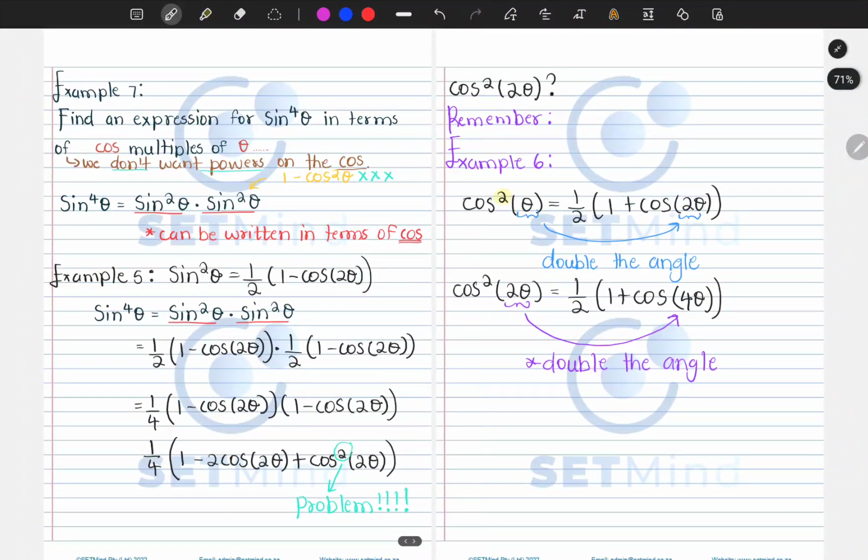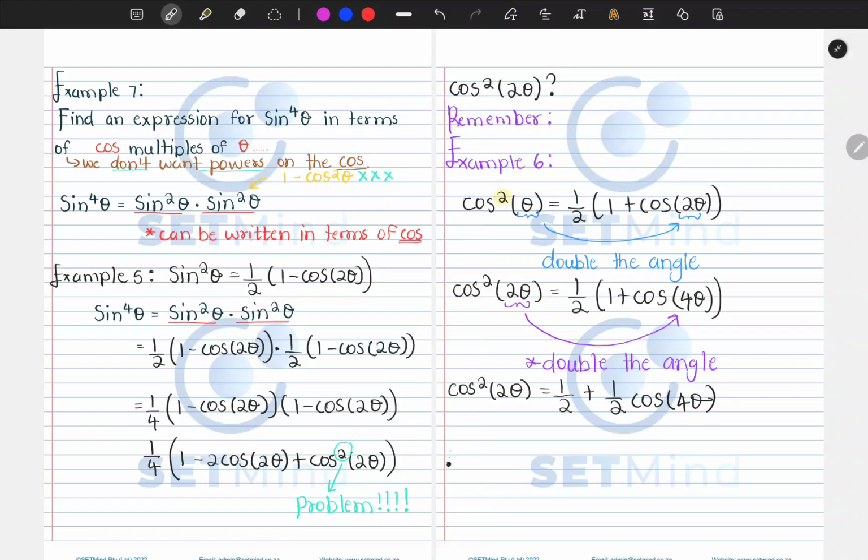So it means that cos squared 2 theta, I can now go ahead and replace it with this expression. And if I rewrite it again, it will simply be 1 over 2 plus 1 over 2 cos of 4 theta.